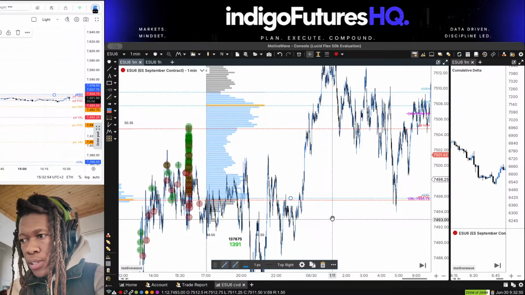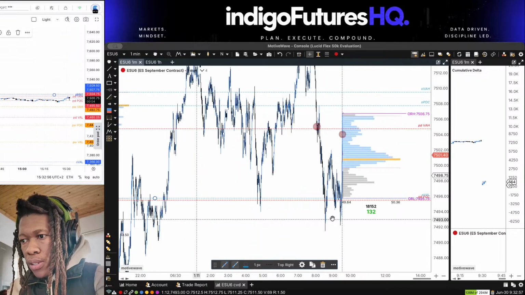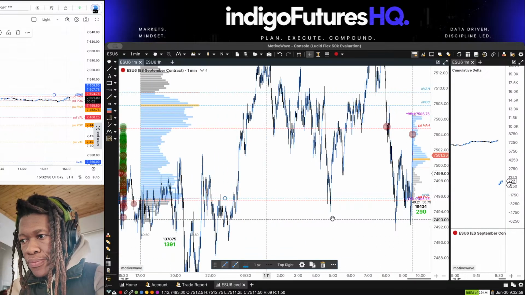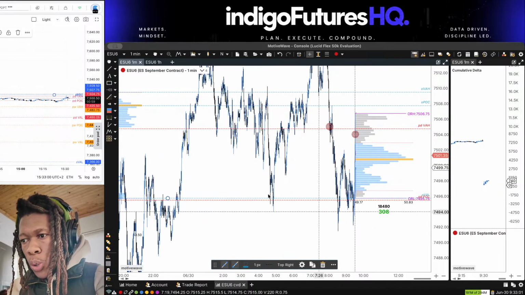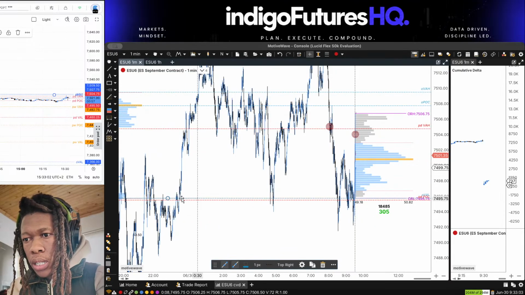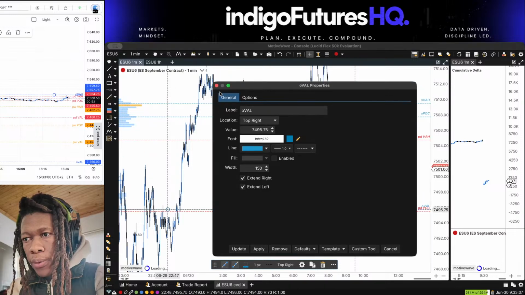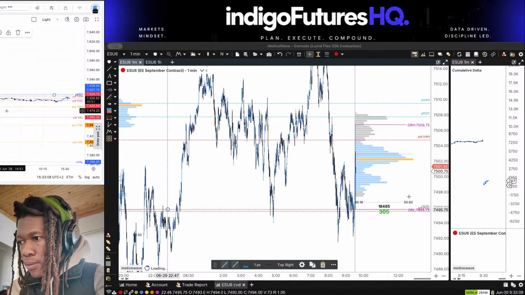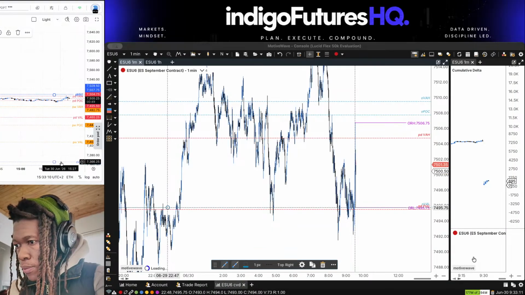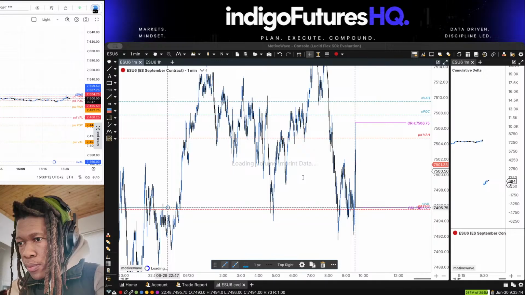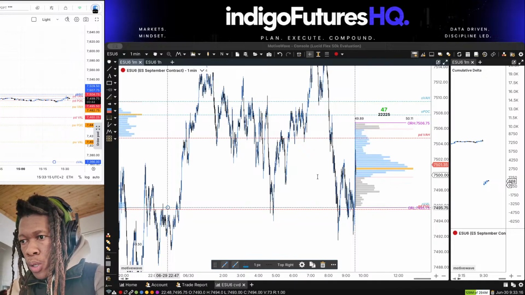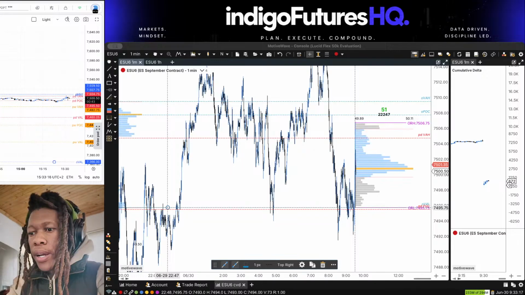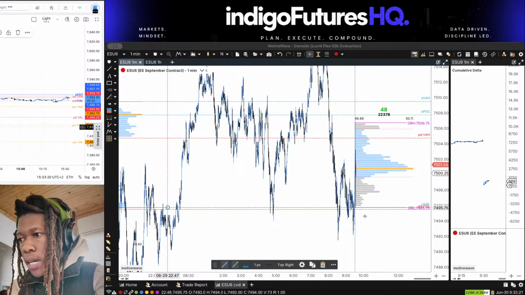So it just seems like we gotta bounce off that. Overnight value area low, 495.75.